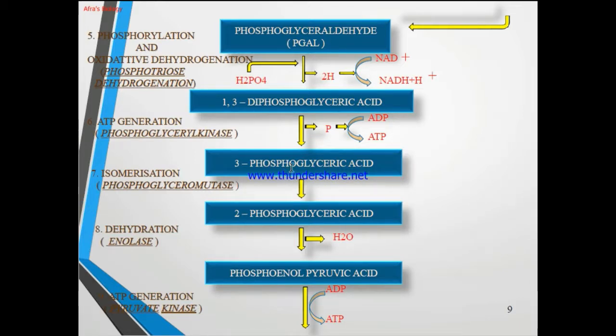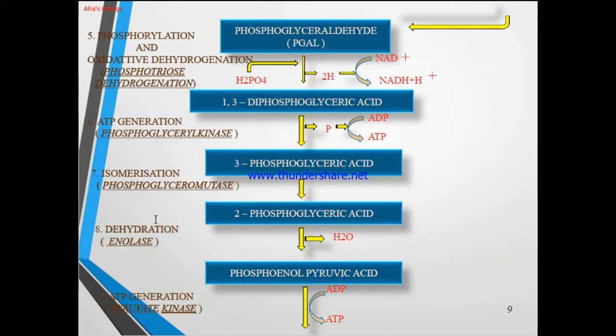Here at carbon number 3, a phosphate group is attached, whereas with the presence of the enzyme we call mutase, or phosphoglyceromutase, this enzyme changes the position of the phosphate group from carbon 3 to carbon 2 in the phosphoglyceric acid compound.